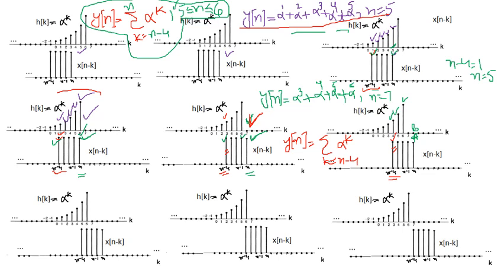So that means the upper limit is 6, and this representation is valid for what? For n equal to or greater than 5 and n less than or equal to 6. So for this we can have this representation.